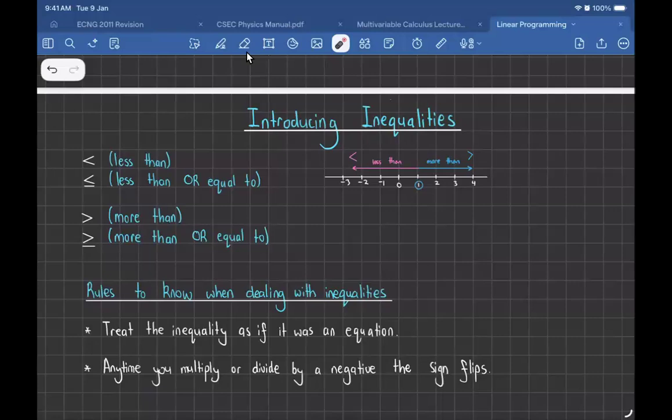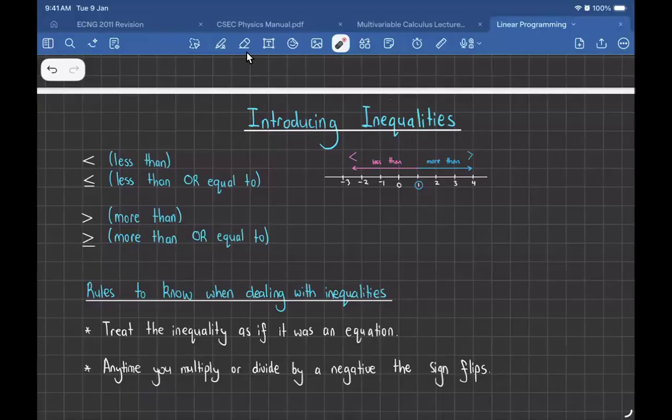Generally speaking, when you think of a number line, if you go in the leftmost direction, are the numbers going to be positive or negative? Negative. And if you go in the rightmost direction, positive or negative? Positive. So what do you think would correspond to less than? Going to the left or going to the right?